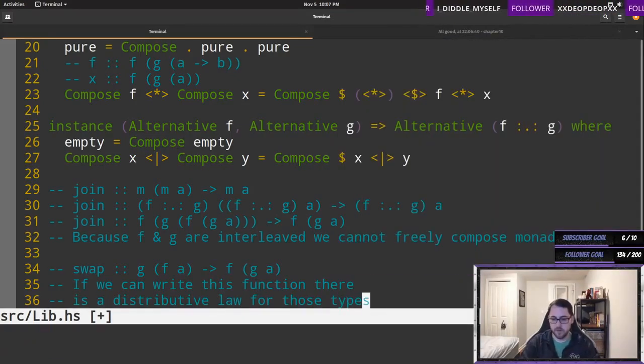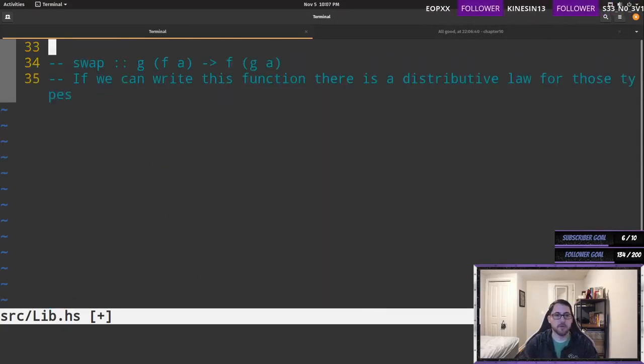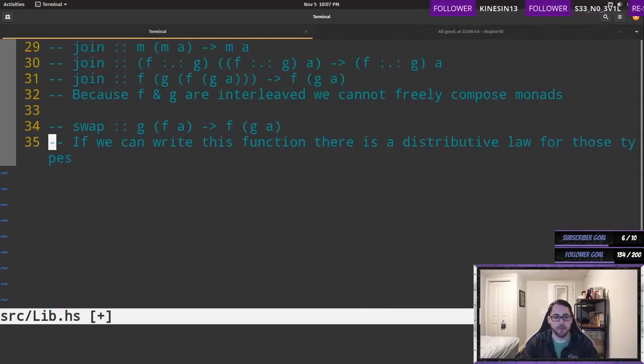Types. So one thing I'm starting to feel more of when I think about this, or when I think about reading this. Oh, sorry. You can't really read this very well.